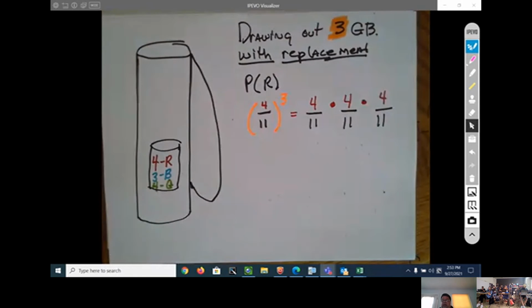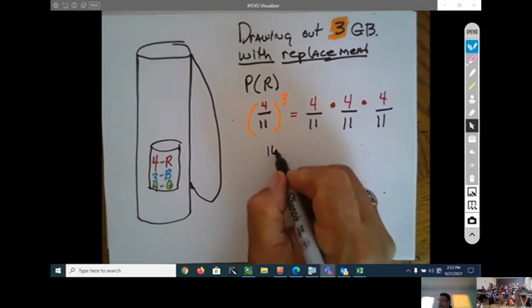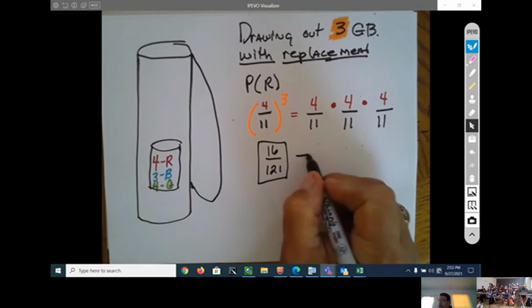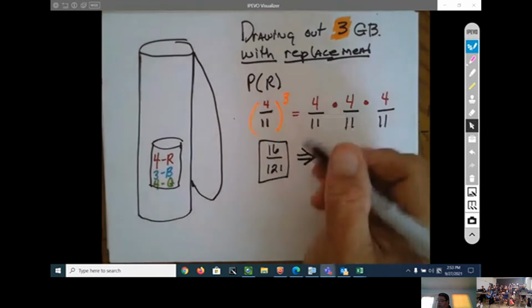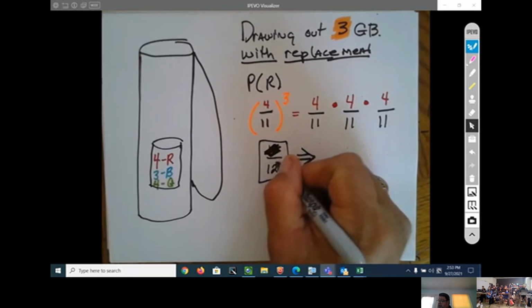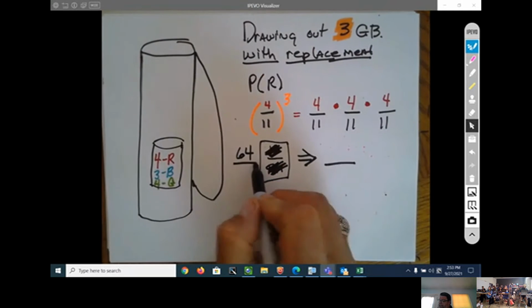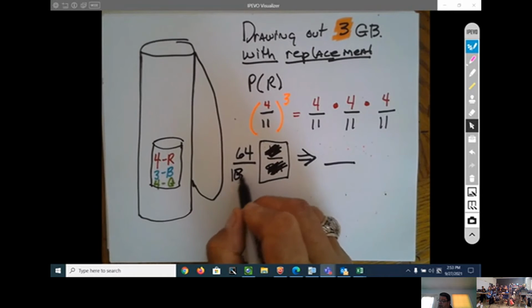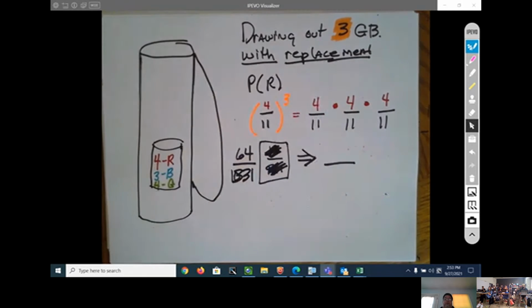So you take your handy dandy calculator, and that's going to be, oh, I'm sorry, not 16, 64. I'm thinking it's squared. It's 64 over 1,331. And put that into a decimal form.